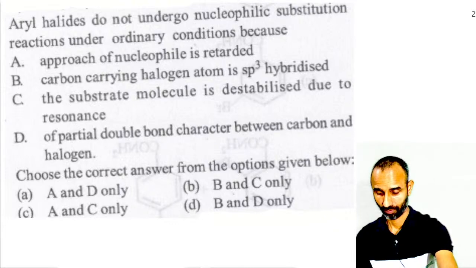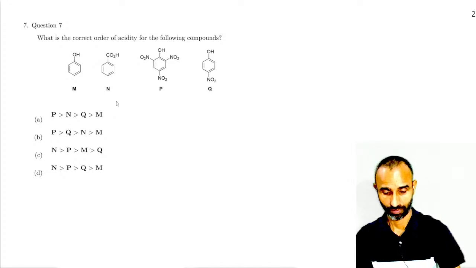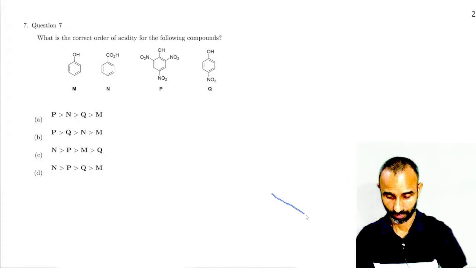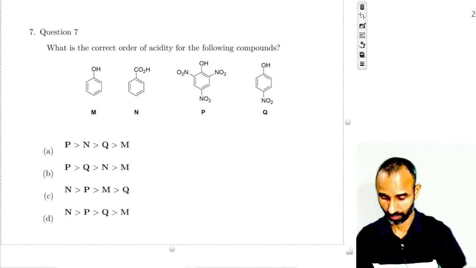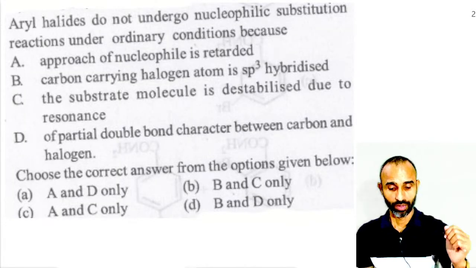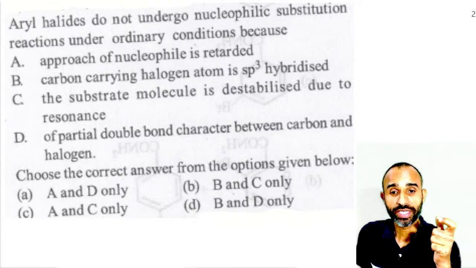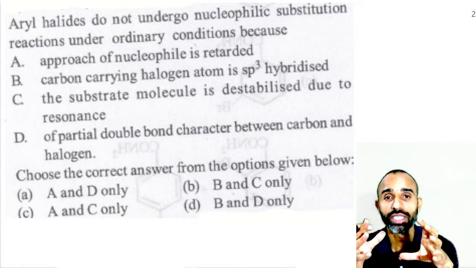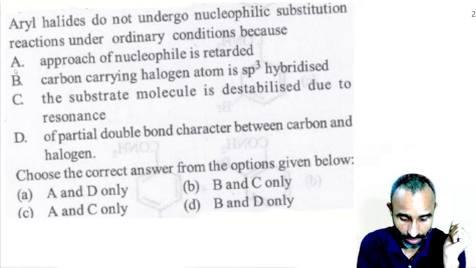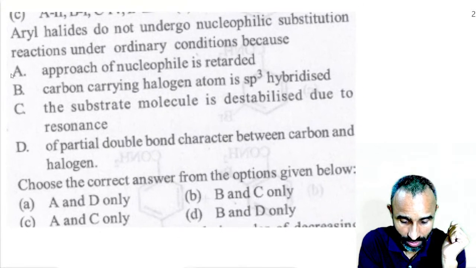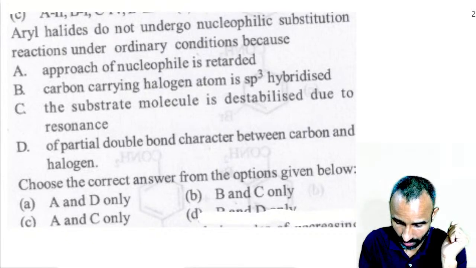So one of the options will be A. Approach of nucleophile is retarded because the benzene ring is electron rich. So nucleophile attack is retarded. The A option is obviously right.